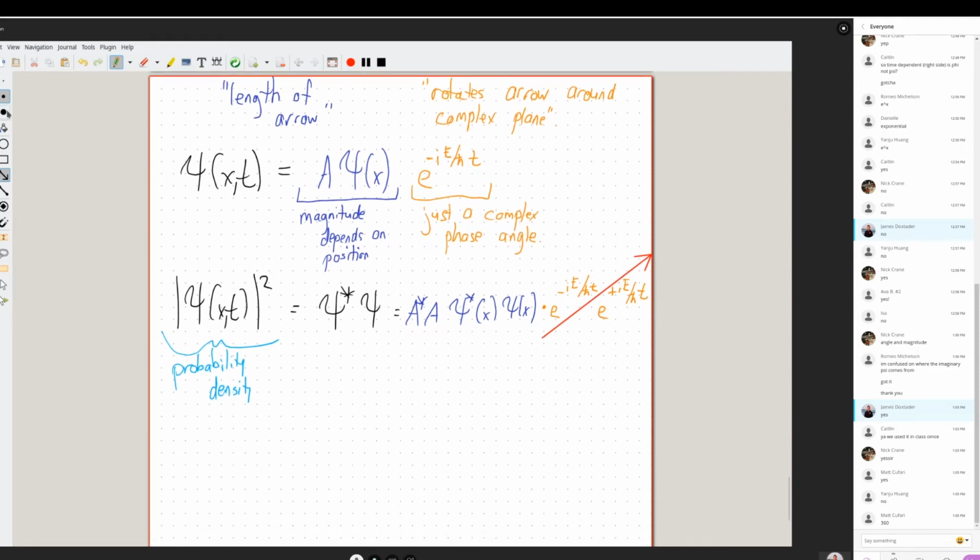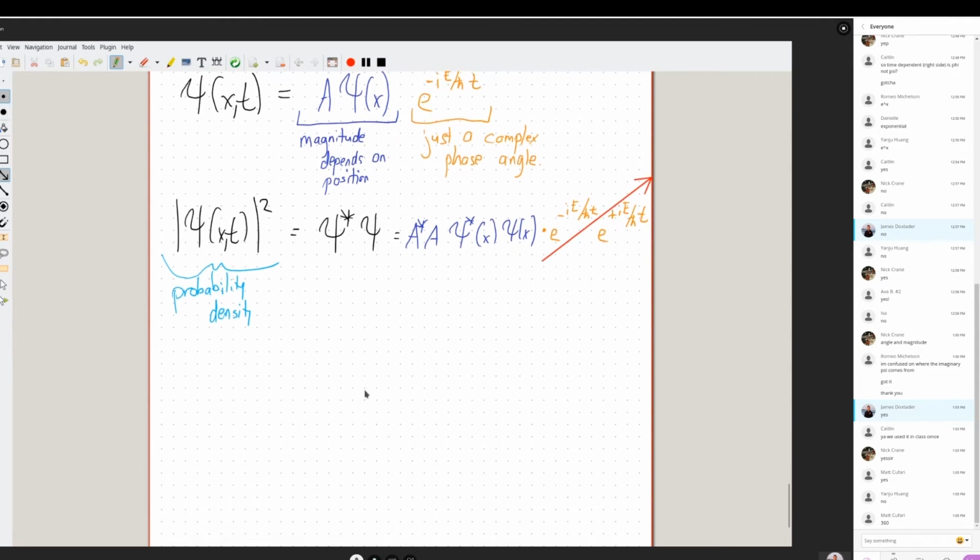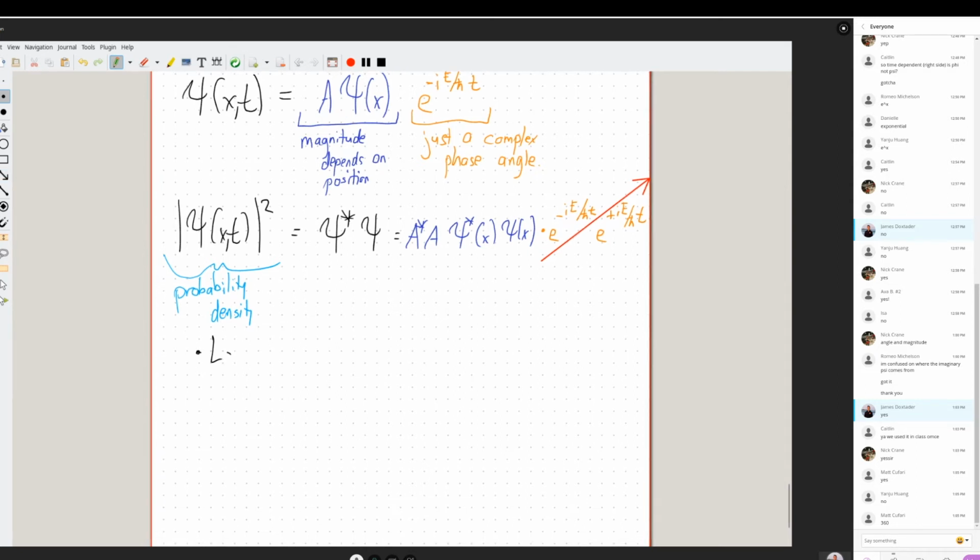So what we have arrived at now is a really big deal. Let's review what we did. We chose to look at solutions where the time and space dependence separate.